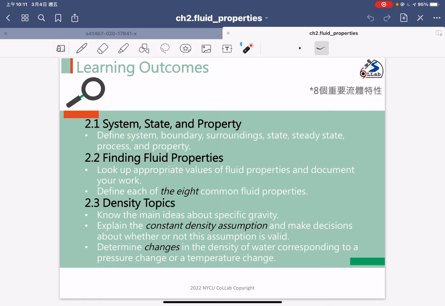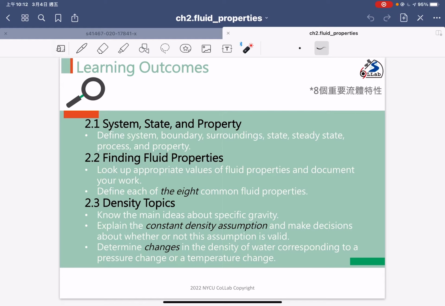There are many states, sometimes a steady state, and sometimes an isothermal process. So for different processes, we have different states, and we need to understand what kind of condition we have. Okay, so finally is the properties.